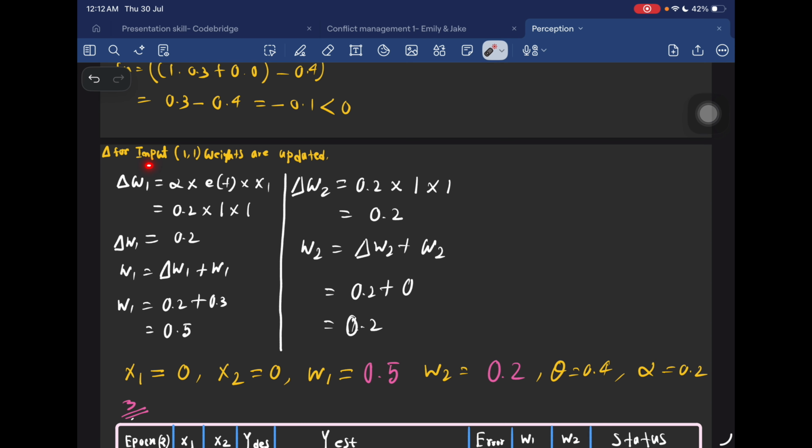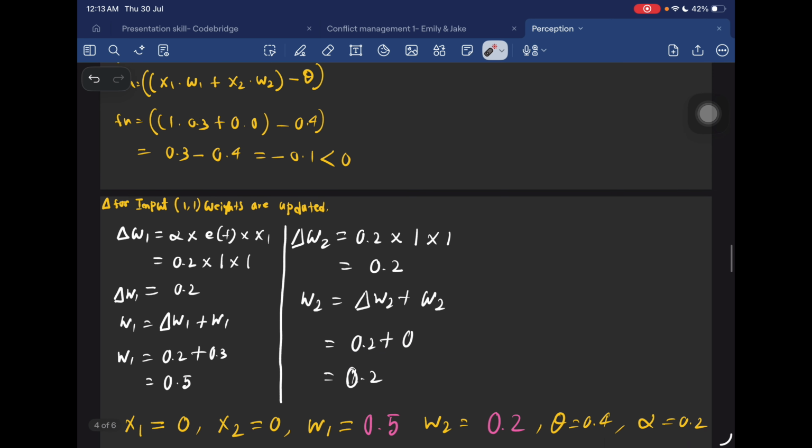For input 1, 1, the weights are updated. Same as before: this is the learning rate, this is our error value, and this is the first feature. Learning rate 0.2, error value 1, feature 1. So delta W1 is 0.2, and we update W1: W1 is 0.3 plus 0.2, so our new weight is 0.5. The same for W2, and our weight comes to 0.2.